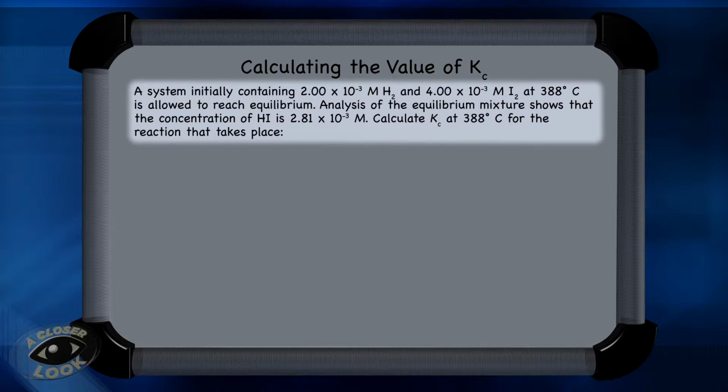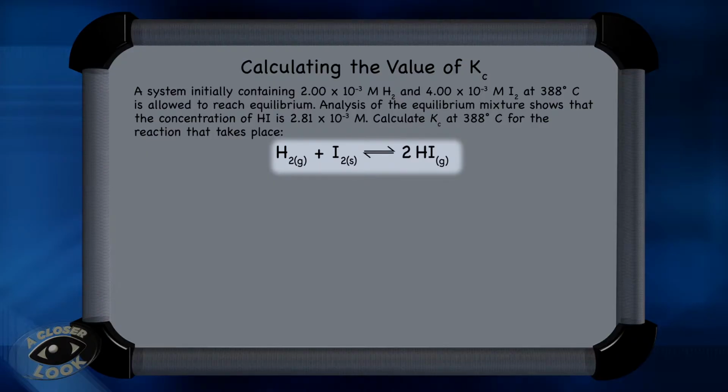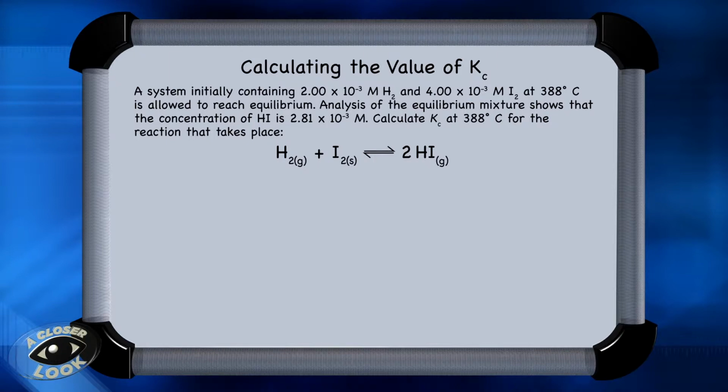Analysis of the equilibrium mixture shows that the concentration of the hydrogen iodide is 2.81 times 10 to the negative third molar. Calculate K sub C, the equilibrium constant, at 388 degrees Celsius for the reaction taking place, where the balanced equation shows for every 1 mole of hydrogen that reacts with 1 mole of iodine, 2 moles of hydrogen iodide are produced. Don't forget that this system is at equilibrium.